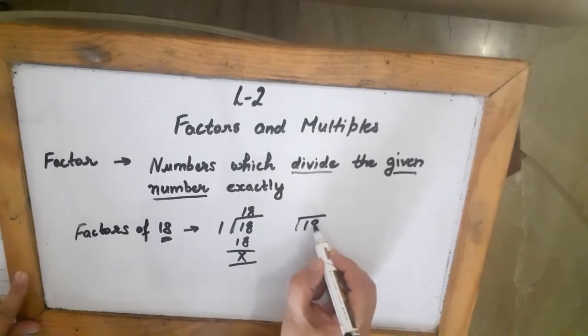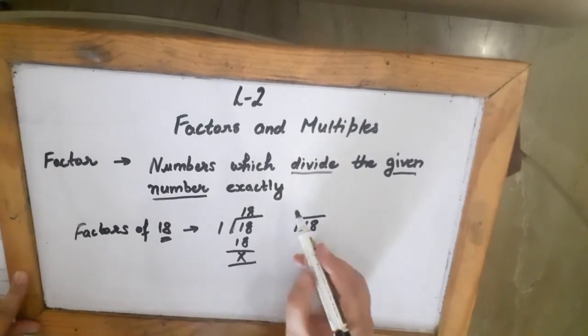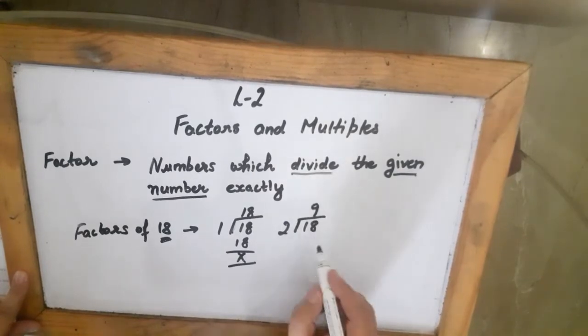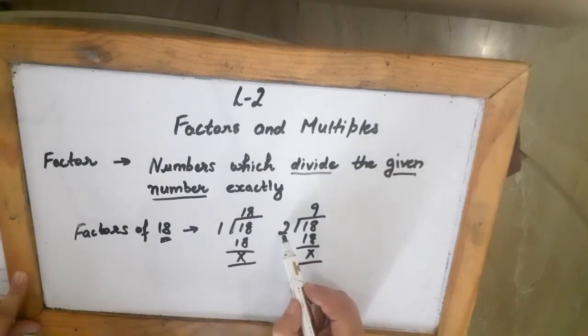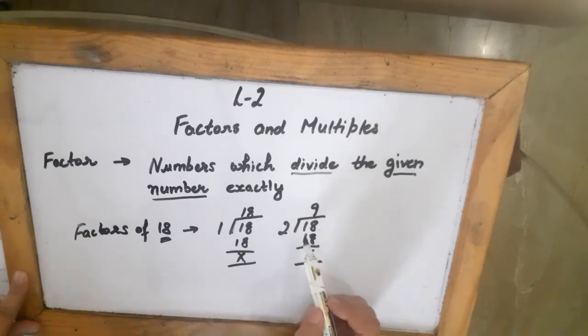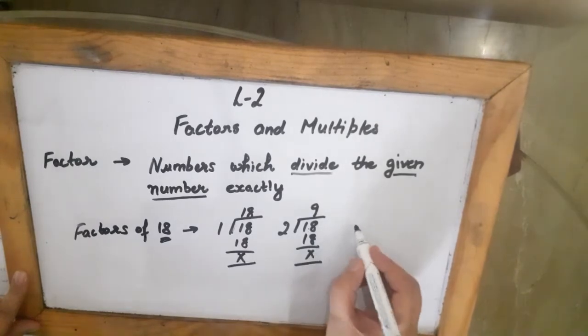Now after 1, if I take 2, 2 9s are 18. So 2 also divides 18 exactly without any remainder. I am not left with any remainder. It means that 2 divides 18 exactly. So 2 9s are 18 and 9 2s are 18. So both these are the factors of 18 because both of them divide 18 exactly.